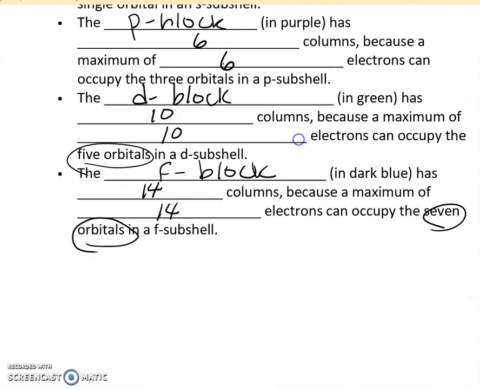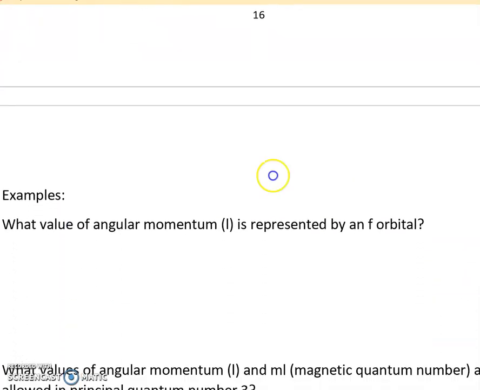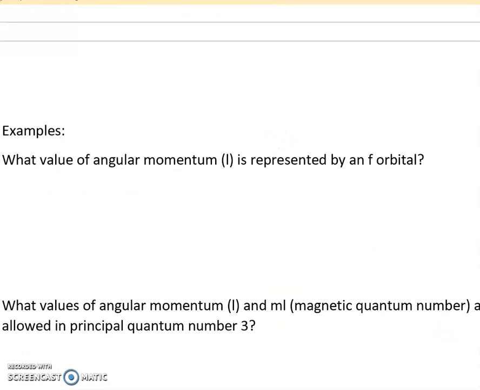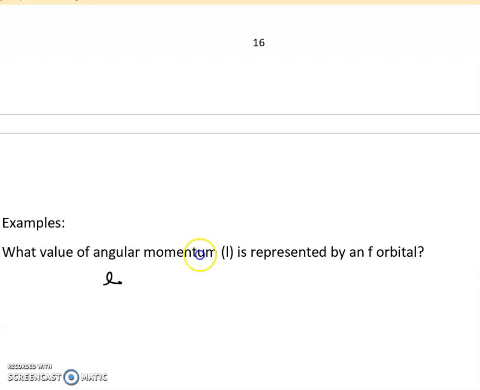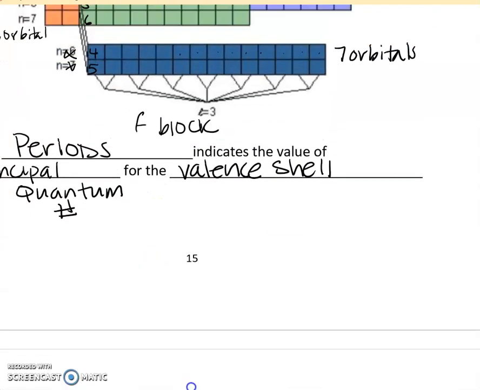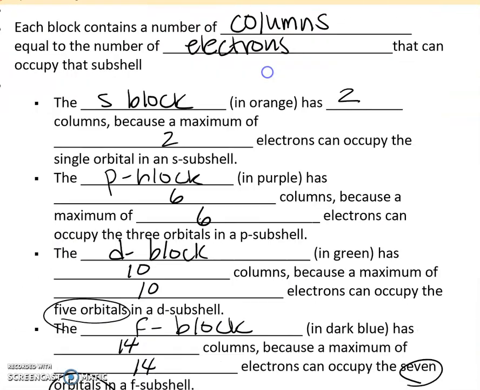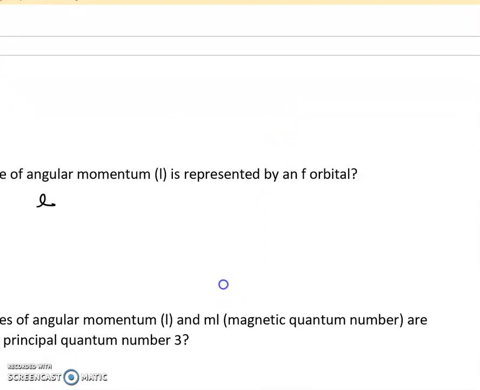Now again, this is pretty abstract. How would we use this? Let's go through some examples. What value of l is represented by an f orbital? If we look back at our l's, we know from before that an f block has to have l equals 3. So our l equals 3 comes from the table that I was making.